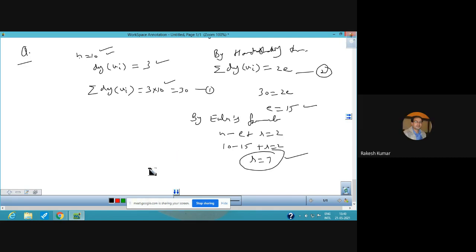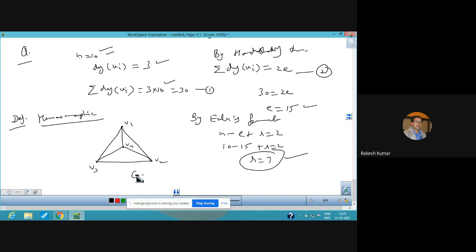Now we have another definition, the definition of a homeomorphic graph. Homeomorphic graph means, suppose we have a graph like this. In this graph we have these vertices V1, V2, V3, V4.